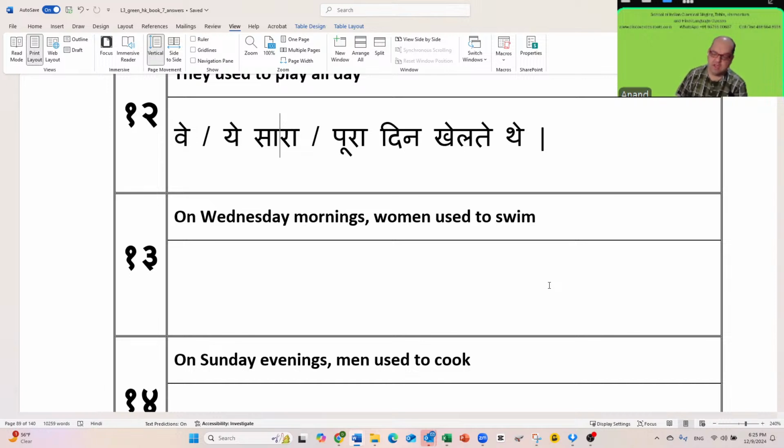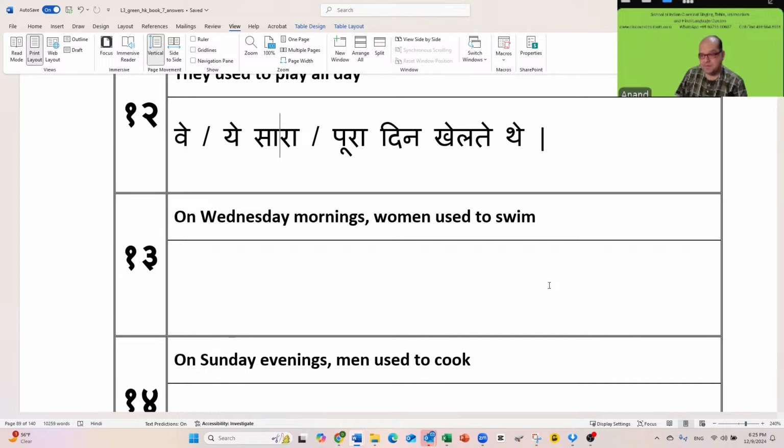प्रहलाद, is that right? बुधवार की सुबह औरत तैरते थे. Isn't it supposed to be बुधवार की सुबह को? I'm more interested in whether औरत तैरते थे is right.